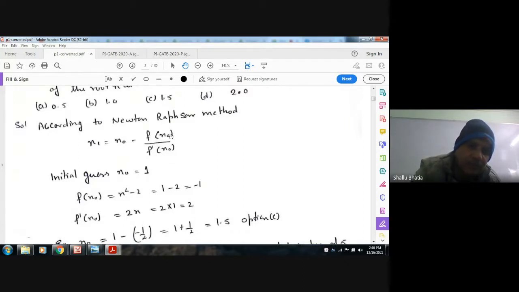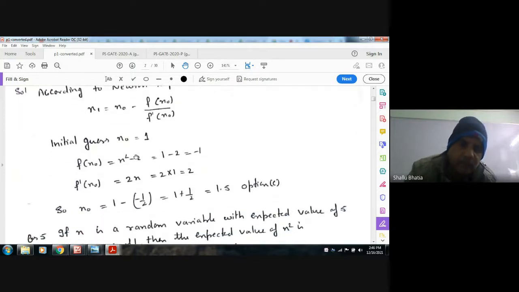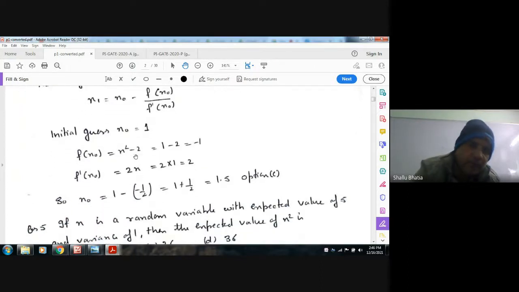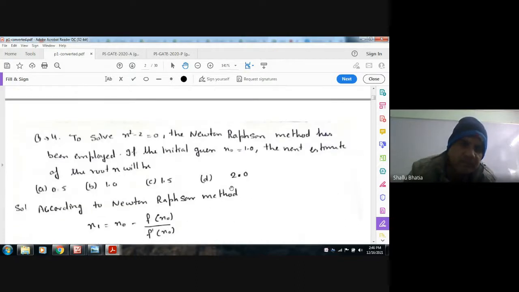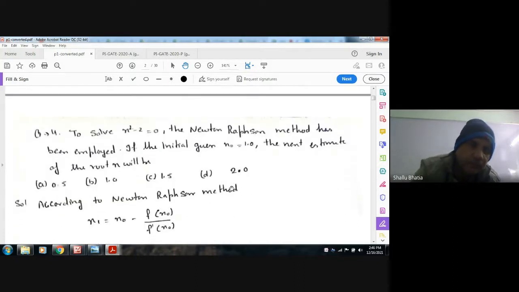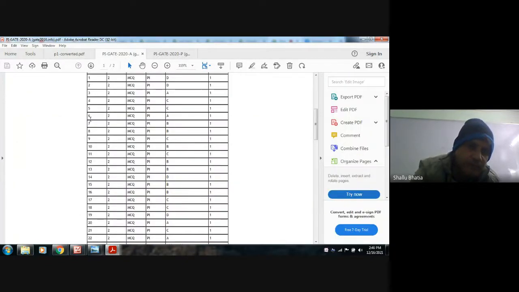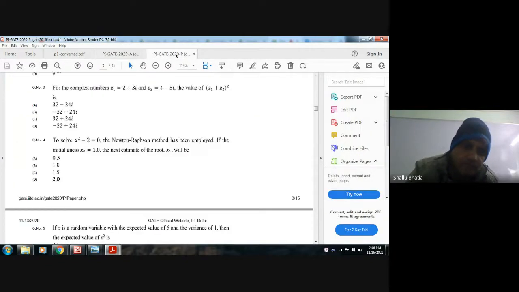So it is -1 and 2, and x0 is 1. So x1 will become 1 - (-1)/2, or 1 + 1/2, which is equal to 1.5. Option C is the right answer. Question 4 answer is C. Okay, next.